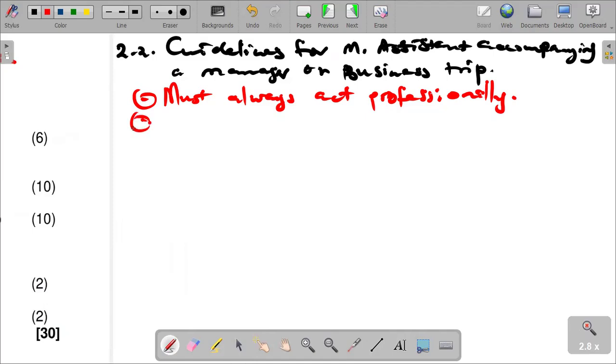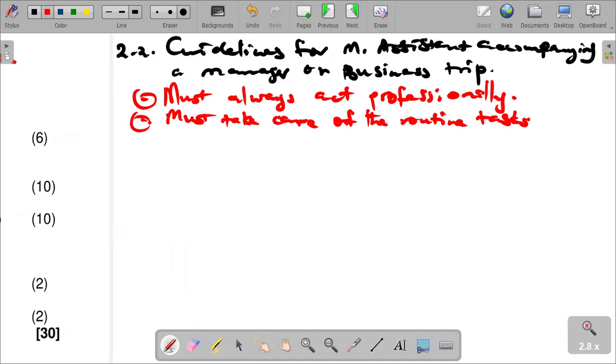Also, two, the management assistant must take care of the daily routine tasks, which we can talk about, like reservations.